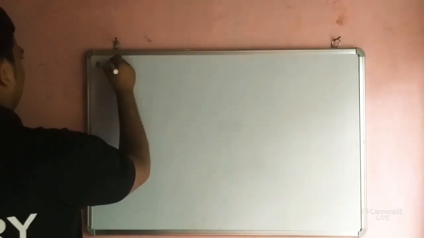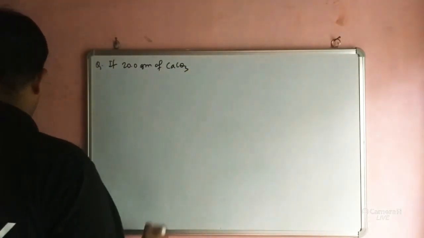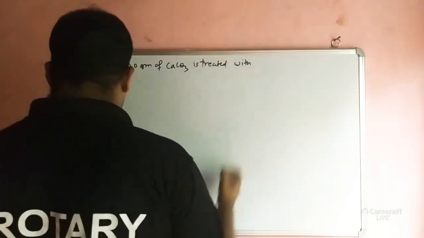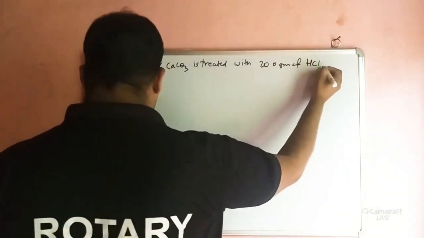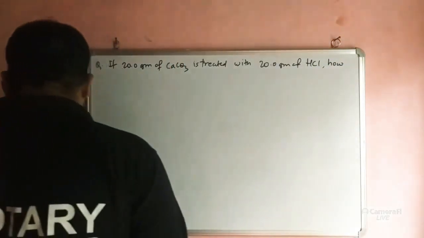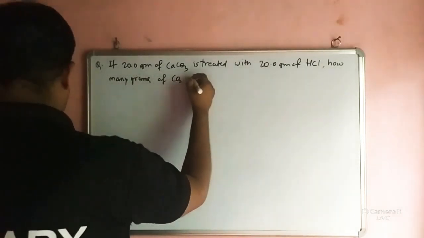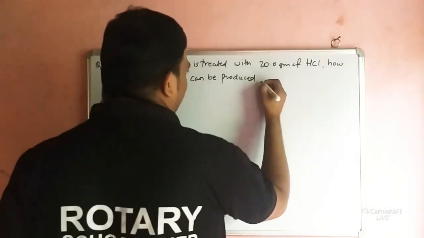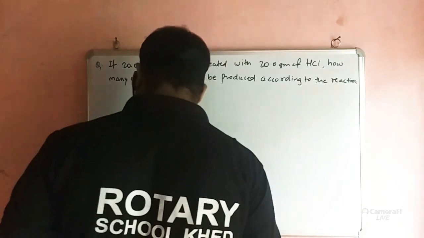See here, beta, in the next question, if 20 gram of CaCO3 is treated with 20 gram of HCl, then how many grams of CO2 can be produced according to the reaction. So pay attention, beta.